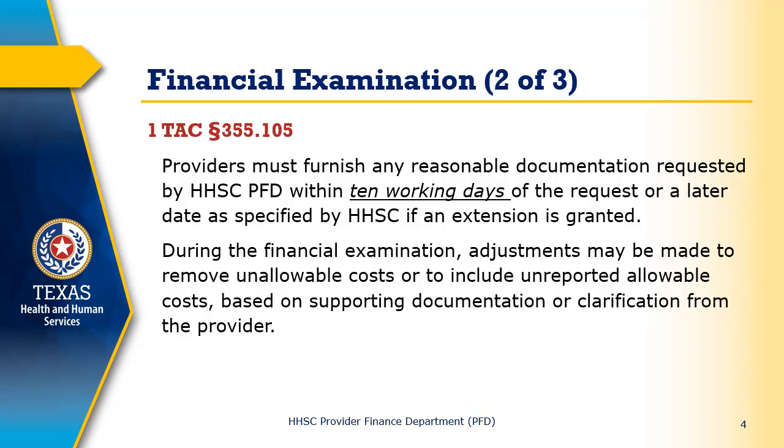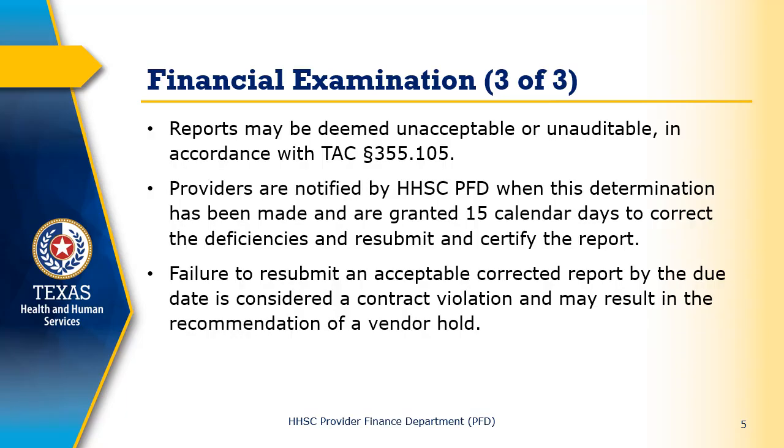During the financial examination process, adjustments may be made to either eliminate unallowable costs or to acknowledge unreported or understated allowable costs based on supporting documentation. The determination of these adjustments heavily relies on the supporting documentation provided by the provider or any further clarification sought from them. This requirement ensures that the provider finance department can effectively conduct financial examinations and verify compliance with established regulations.